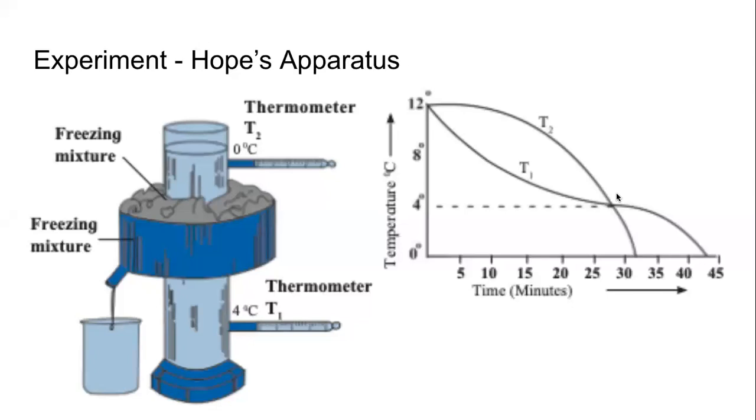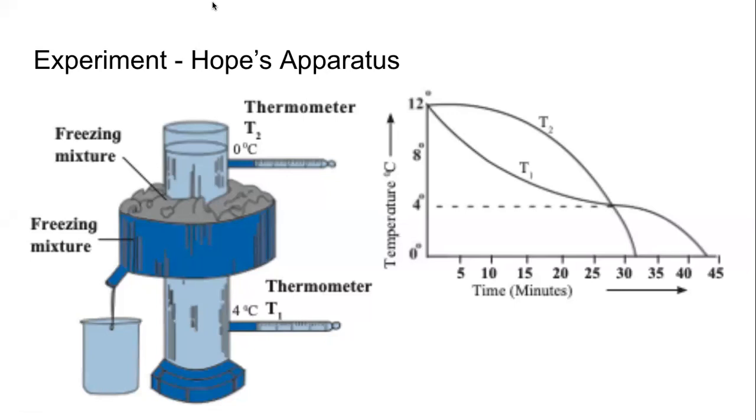Next is an experiment using Hope's apparatus. Hope is the name of the scientist who designed this apparatus, and this is again to study the behavior of water with respect to temperature, volume, all these things. It's a very simple apparatus. Apparatus is an equipment.